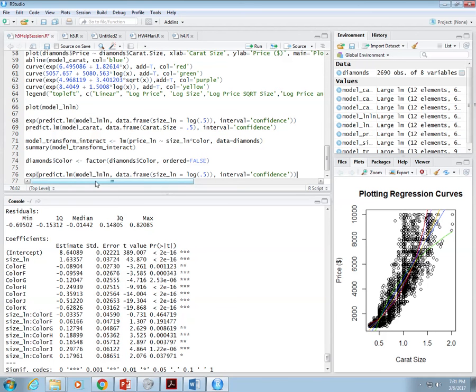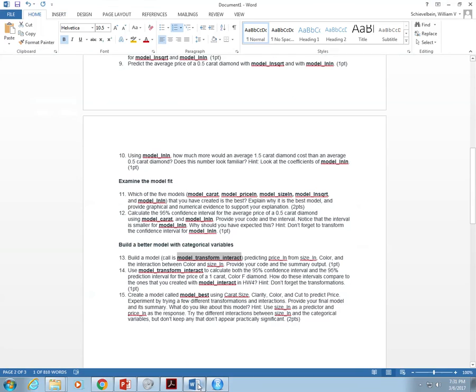I'm just copying the code I had before. We're using model transform interact. We need to do size ln of log 0.5 and color equals, was it F we're doing? Diamond F.